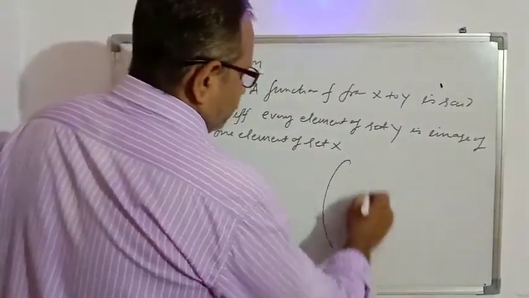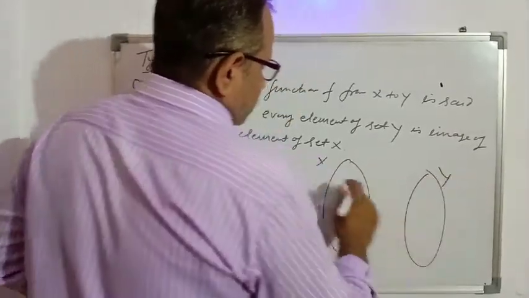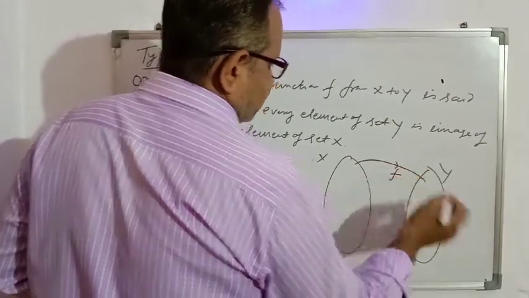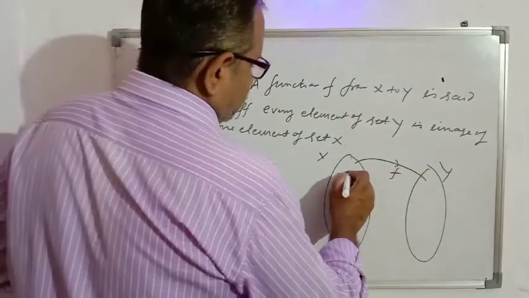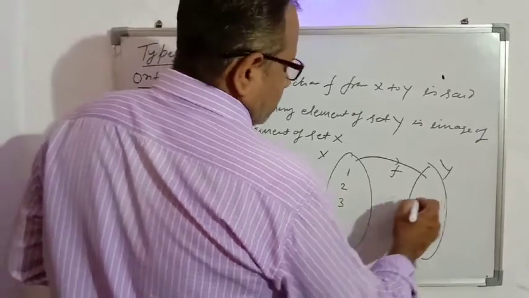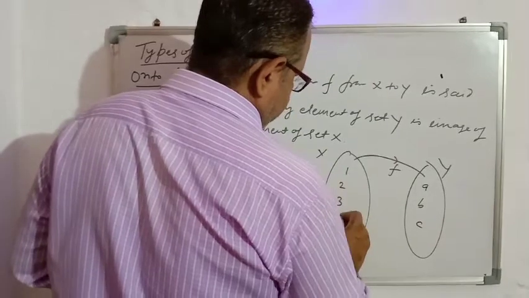See, with the help of a Venn diagram, these are two non-empty sets X and Y. Function is defined from X to Y like this: 1, 2, 3, and here a, b, c. Suppose we can take 4.